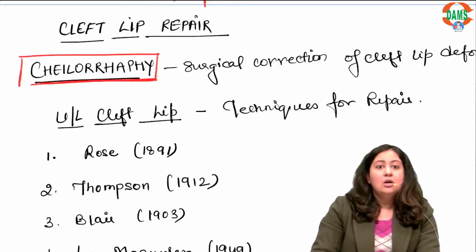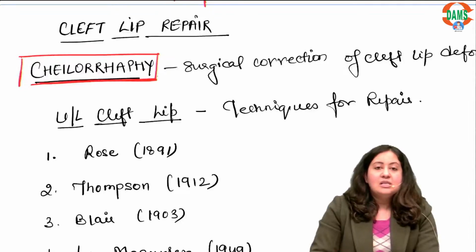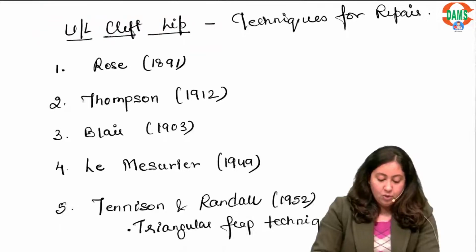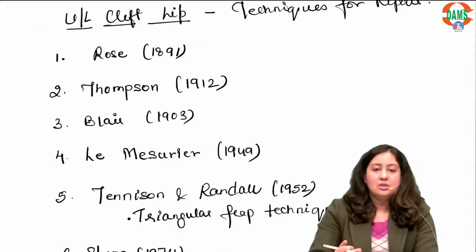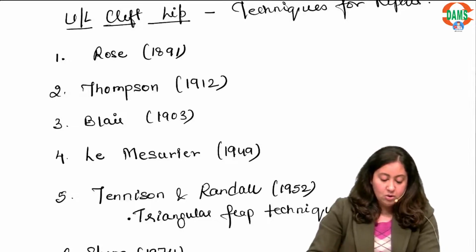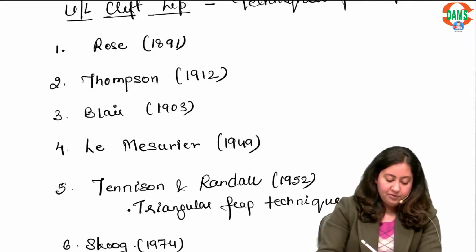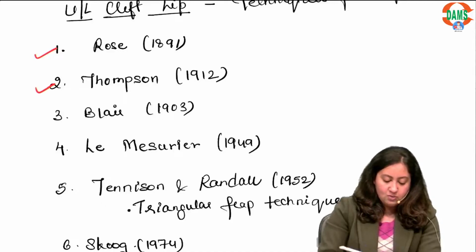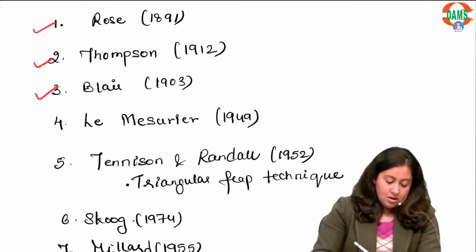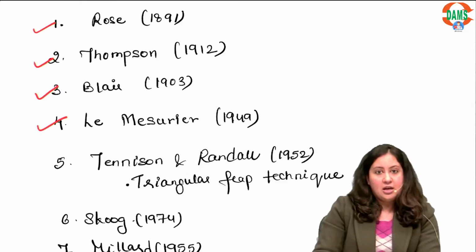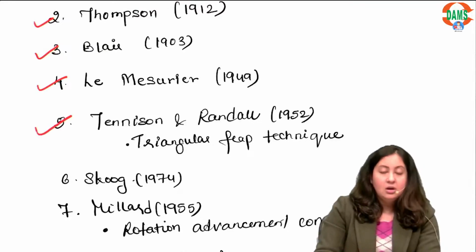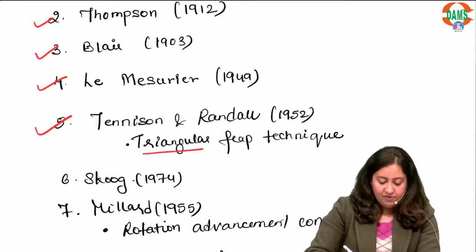All right, so now first we'll see techniques for unilateral cleft lip repair. I have written them in sequence from the oldest to the newest technique. First is the Rose technique, then the Thompson technique, third the Blair technique, Le Mesurier technique, Tennison and Randall technique, which is also known as the triangular flap technique.